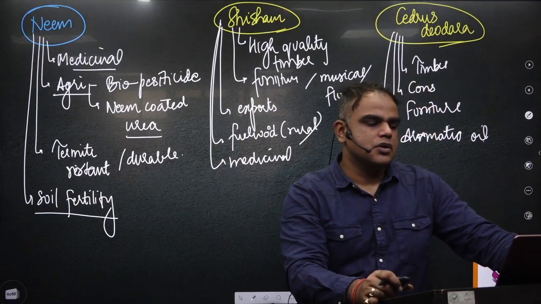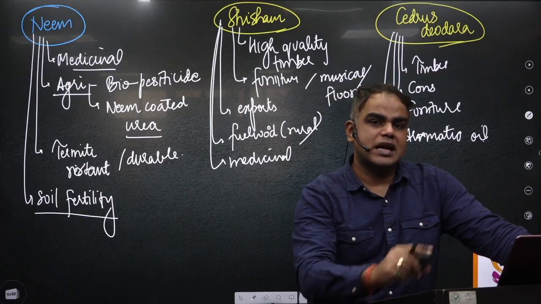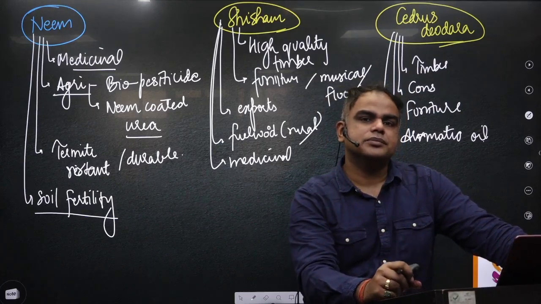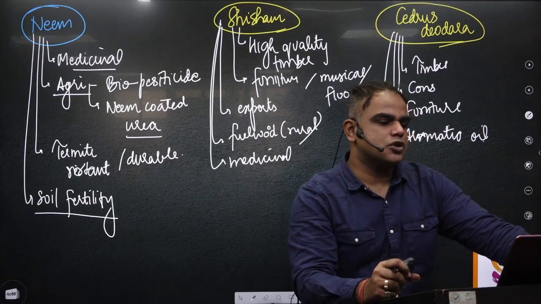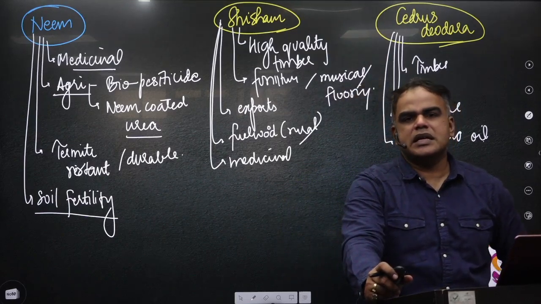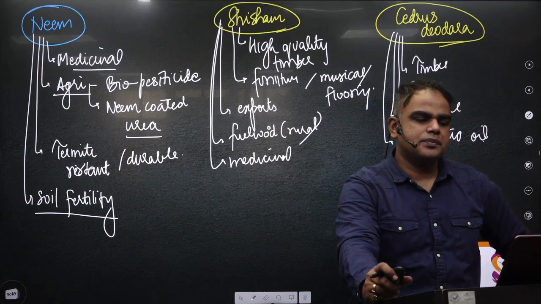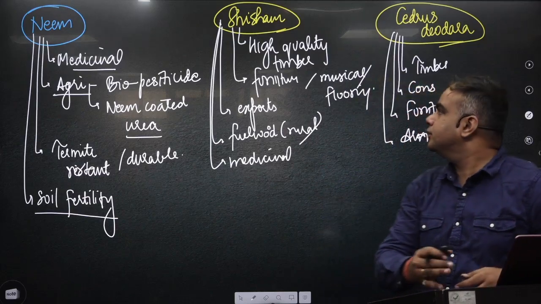Okay, so be it in temples, be it in bridges also, it is also used. That is why I wrote the construction part. In the traditional homes also it is used. Additionally, it is also used for its various other characteristics. It has a very high quality. Furniture also it is used. Okay, it is used in carvings.